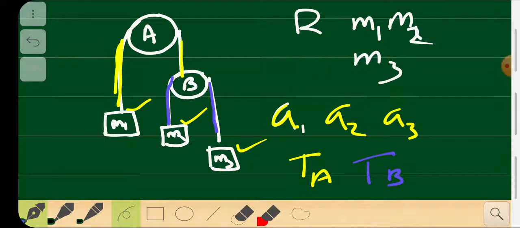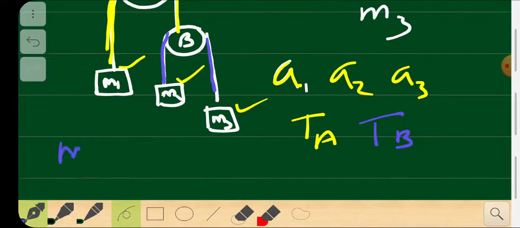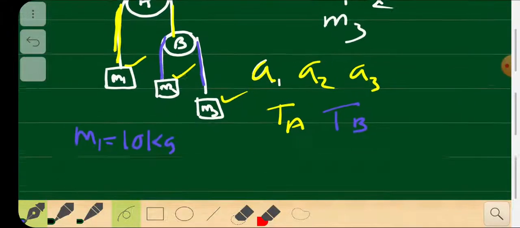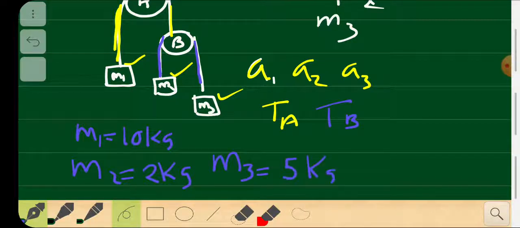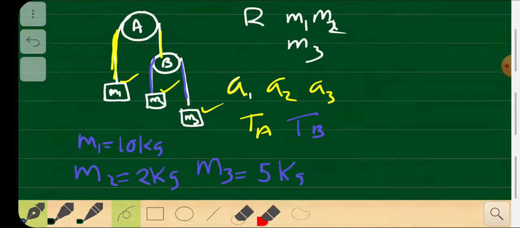Let's assume that m1 is equal to 10 kilogram, m2 is equal to 2 kilogram, and m3 is equal to say 5 kilogram. Now this is the problem.